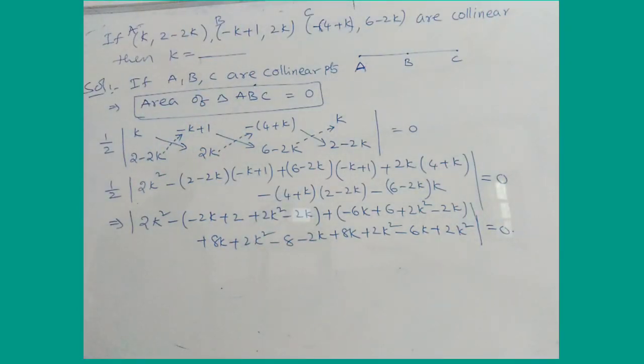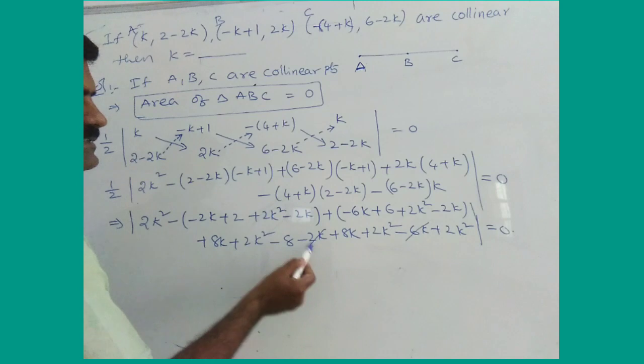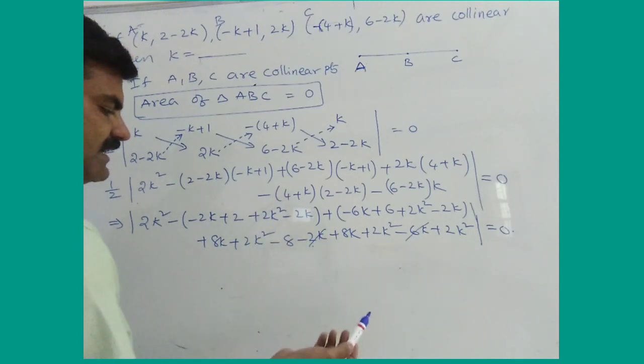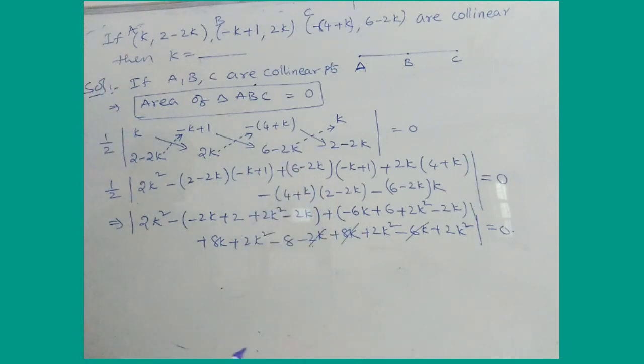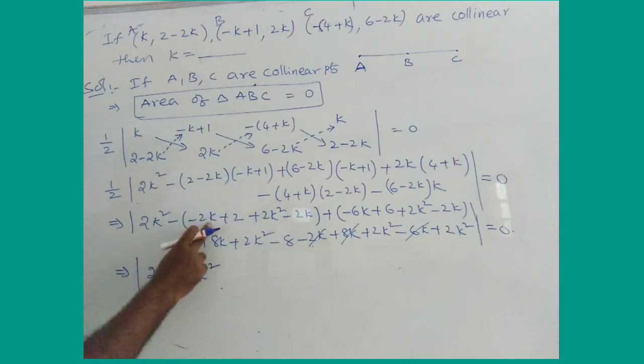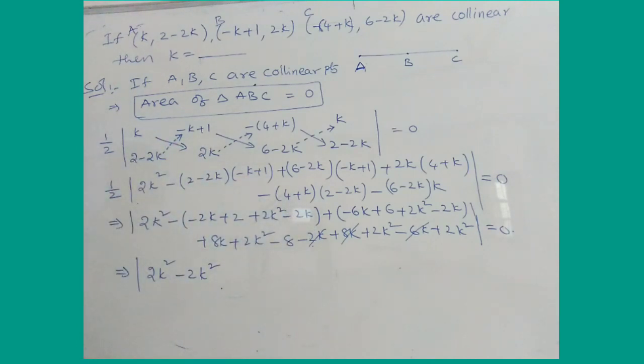Any cancellation? Right now minus 6k minus 2k, which is minus 8k, and plus 8k cancel. But we still need to simplify the 2k square. If you bring minus 2k square outside, minus 2k minus 2k is actually minus 4k, but there is already a minus, so plus 4k, and regarding this, minus 2.